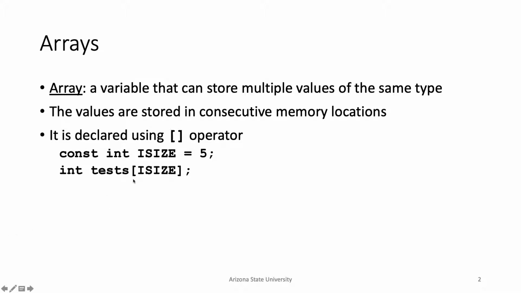So if I wanted to manage 5 test scores, for example, I make an array called tests, and there are going to be 5 integers in this array. So this array is basically equivalent to having 5 different integers. Here I say how large the array is.